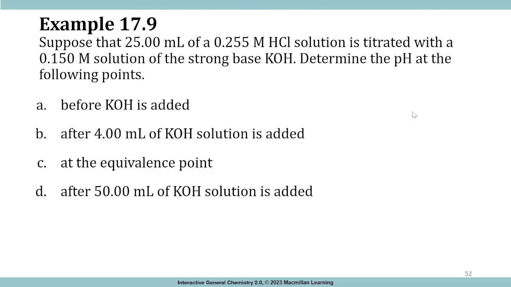Let's suppose 25 milliliters of 0.255 molarity HCl is titrated with a 0.150 molarity solution of a strong base, KOH. Let's determine the pH at the following points. What's the pH going to be before we add any KOH?